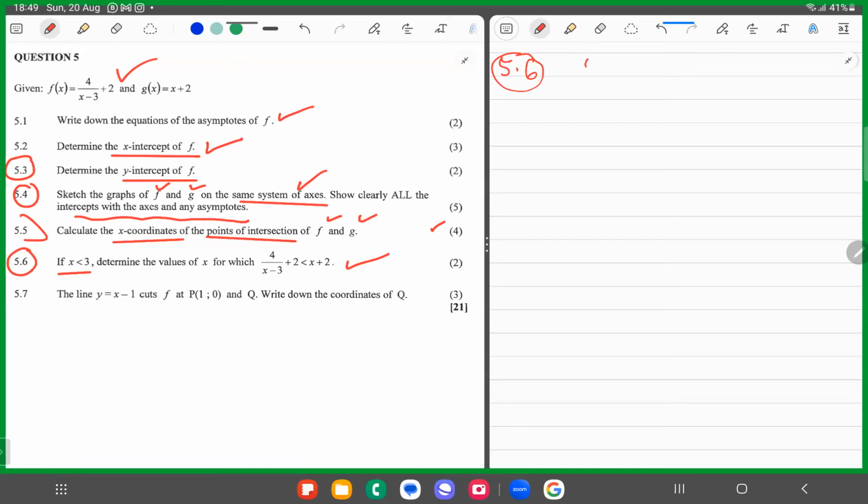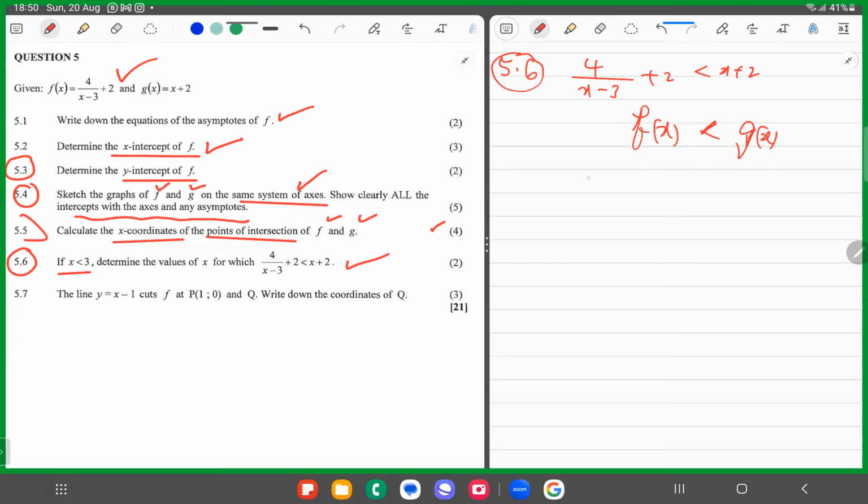So we are dealing with 4 over x minus 3 plus 2 is less than x plus 2. What is the meaning of this? Well, this is the function f of x, and the x plus 2 is the function g of x.